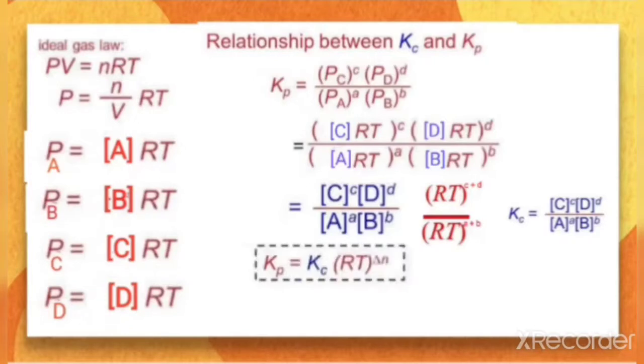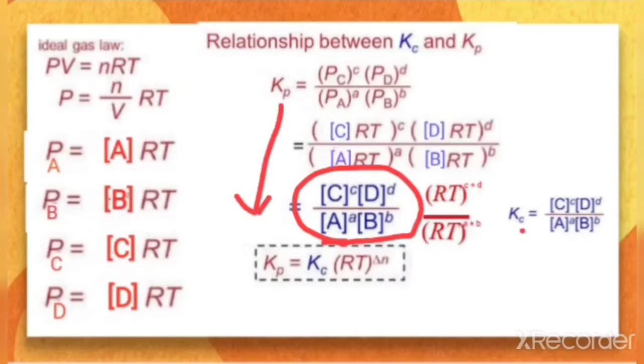That is Kp is equal to Kc (RT) to the power delta n. This term we can write as Kc, because this term is nothing but the equilibrium constant in terms of concentration. So Kp is equal to Kc and RT to the power delta n.